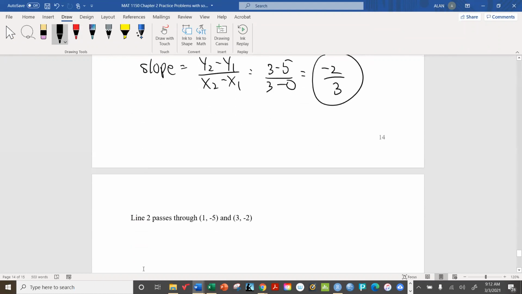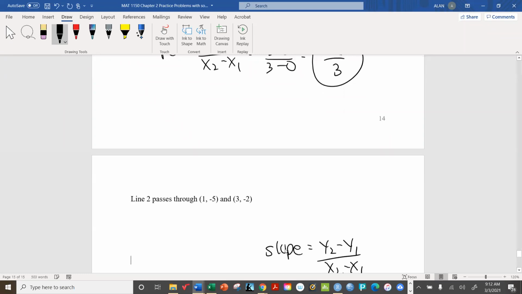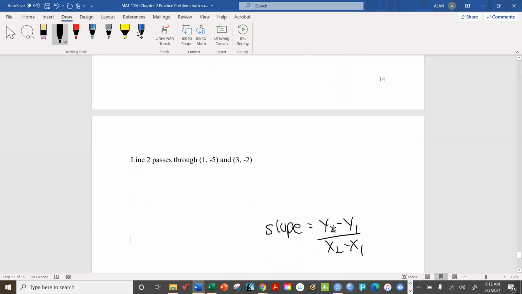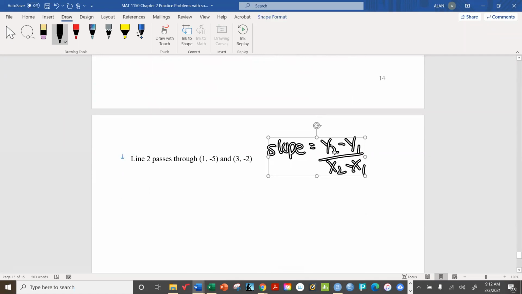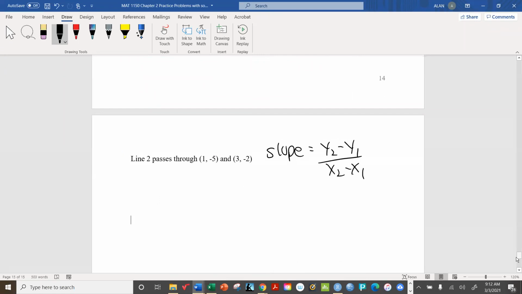All right, now what about this one? Oops, what happened there? All right, so let's fill in those numbers. So we got negative 2 minus negative 5 over 3 minus 1.